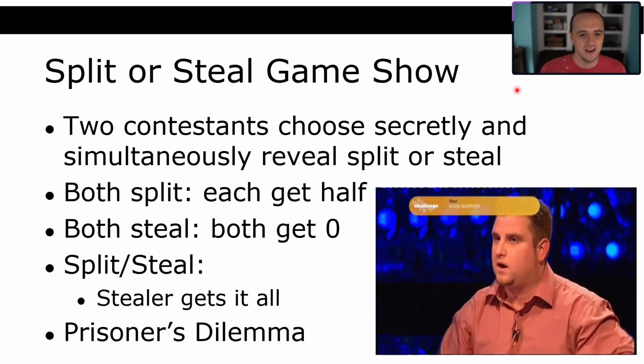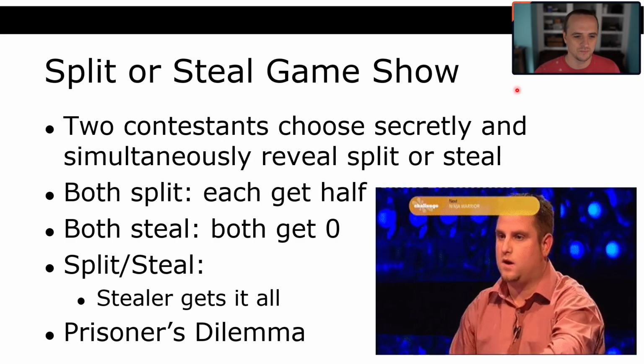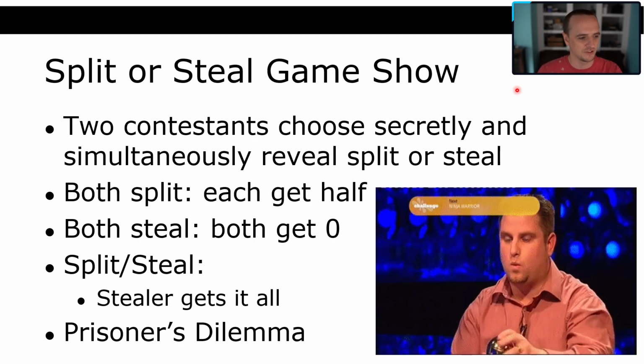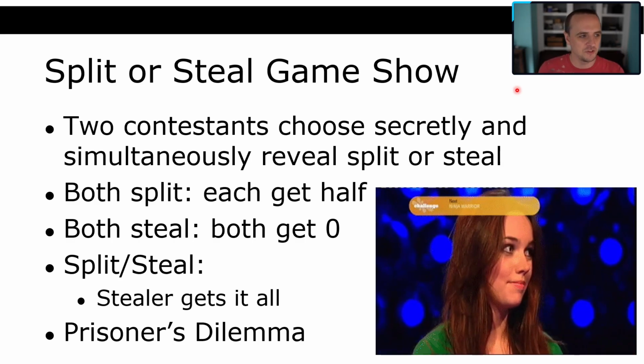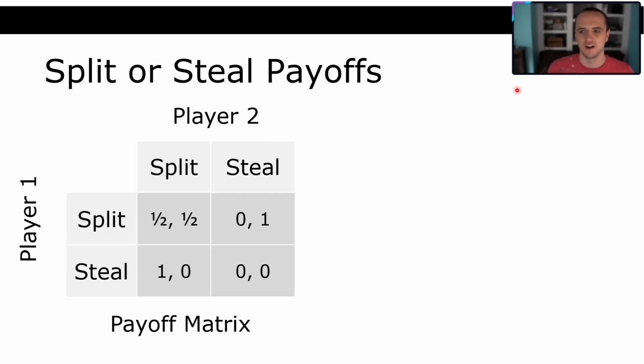So in another episode, let me explain. Let me do the next slide before I get to my favorite episode of this, because the game theorist came on the show and showed how stupid the show was. All right. So in split or steal, here is the payoff matrix, right?